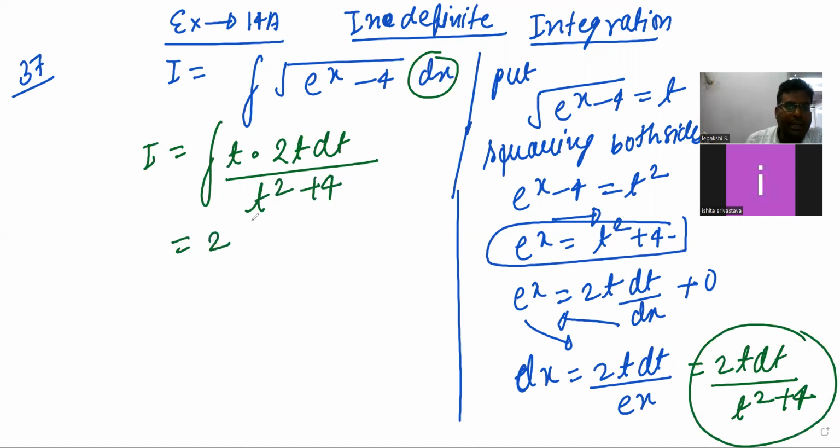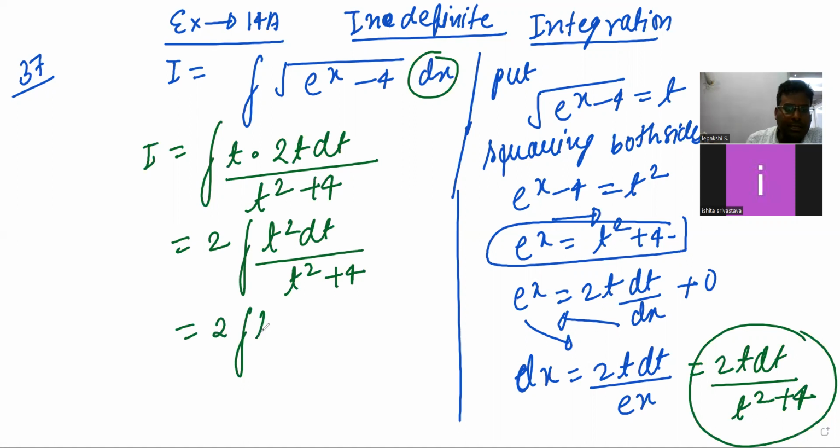Take 2 outside, then it will be t square dt upon t square plus 4. So see here, it is t square, right? So add plus 4 and subtract 4. Why is it so? Because here plus 4 is in the denominator. That's why we have added and subtracted 4, divided by t square plus 4 into dt.